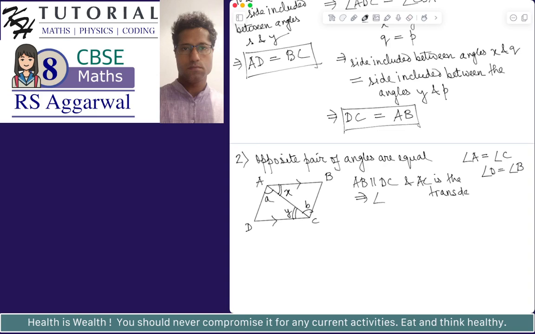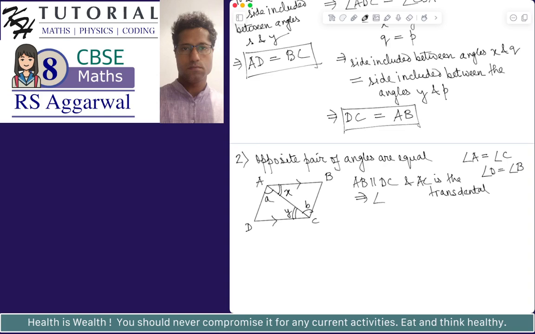A transversal is a line that intersects two parallel lines at two distinct points. Then we have alternating interior angles, which are equal, and interior angles on the same side, whose sum is equal to 180 degrees.